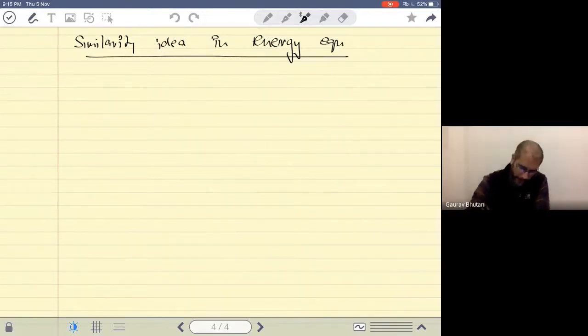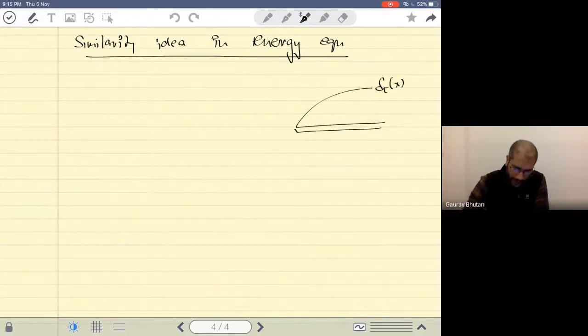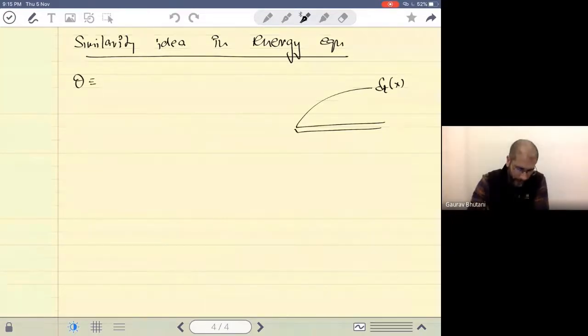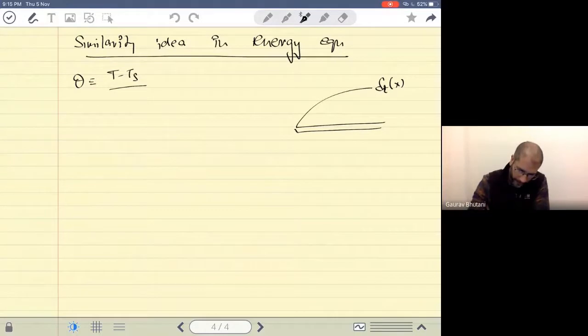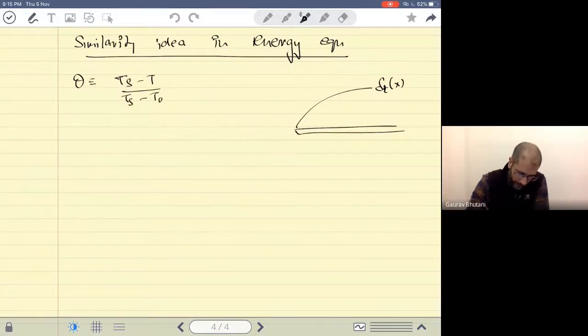For our temperature, as earlier, we non-dimensionalize the temperature. So we define a theta, which is 0 at the plate. This is T minus T surface, well, we've been calling it T surface minus T, upon T surface minus T infinity.